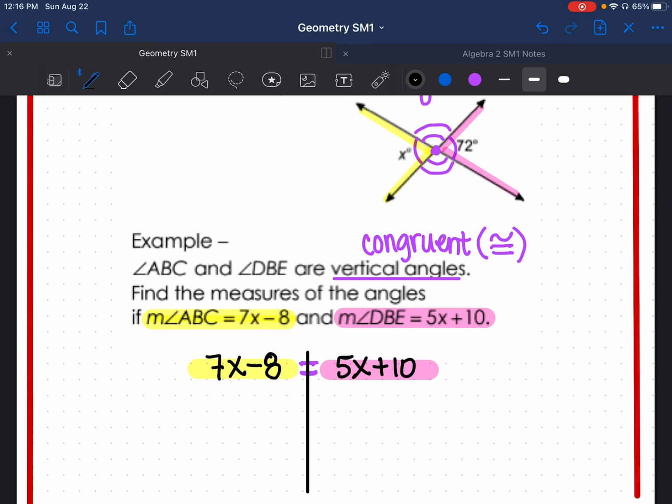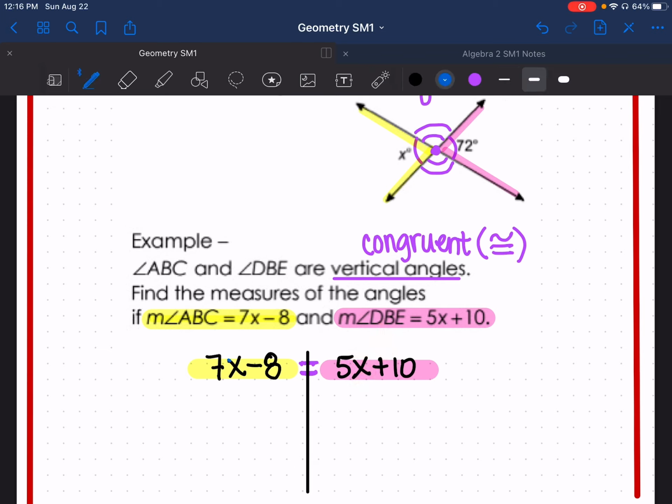There's no distributing to do, so let's go ahead and look for like terms. On this side right here, there are no like terms because of the x. I cannot subtract. On this side, there are no like terms because of the x. I cannot add the 5 and the 10.